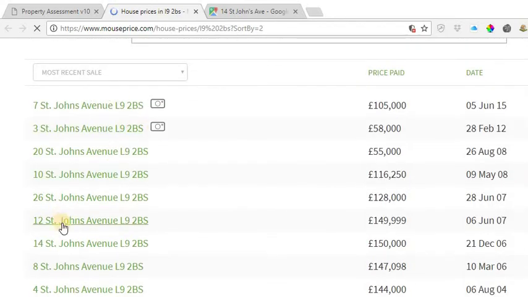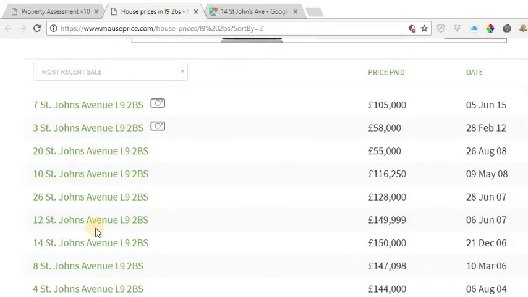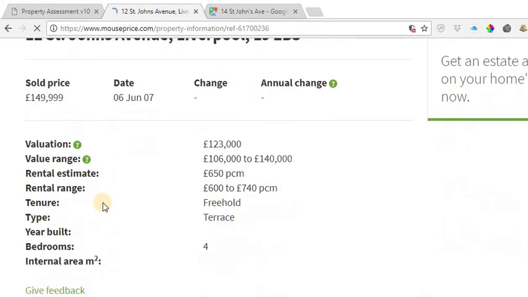And here we are, here's number 12. If you click on number 12, it opens up a little window, and it says 12 St John's Avenue, Liverpool.